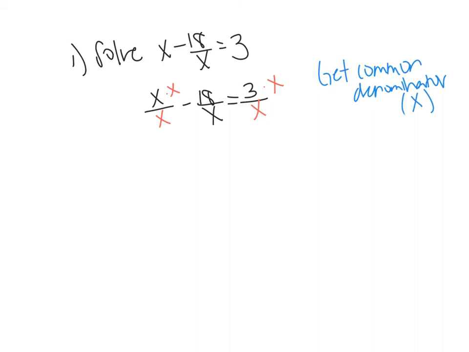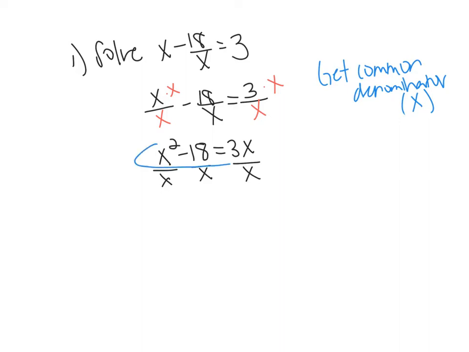Okay, so now what do we have? x times x is x squared, minus 18 equals 3x, and notice we have all of this over x. This is over x, this is over x, this is over x. What must be true? If something divided by x minus something divided by x has to equal something else divided by x, and all my denominators are the same, that means all my numerators must be equal.